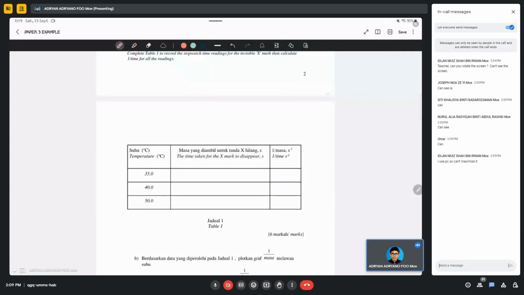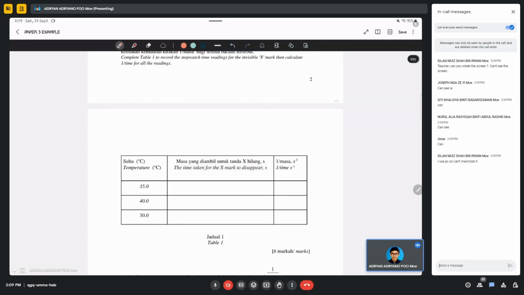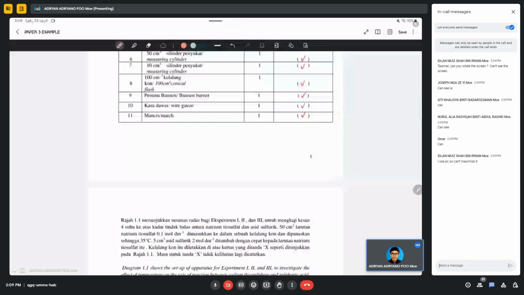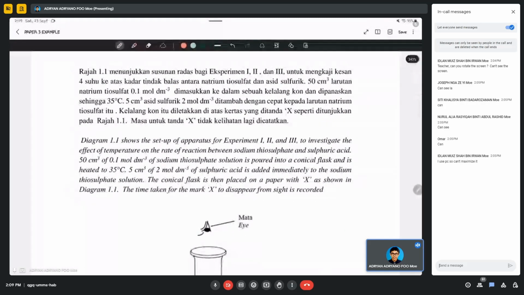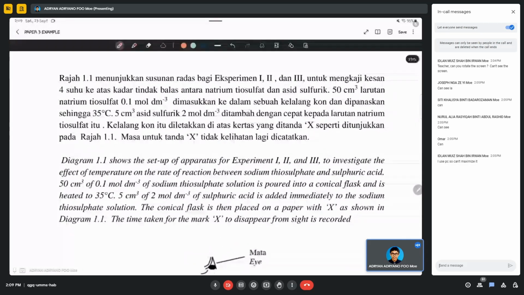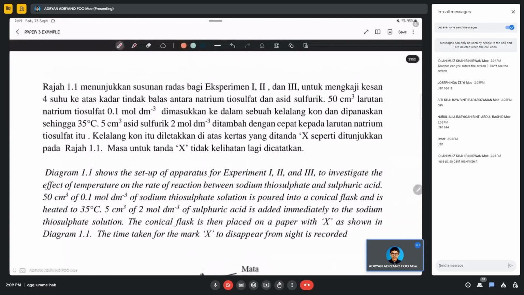Okay. So here, you know that your manipulated variable is the temperature. If I don't see the question, what can I check from the procedure? You must read the question clearly, because the question will give you some hints regarding what you have to do. Like this one, they give you the apparatus setup and there are 3 experiments that you need to do.